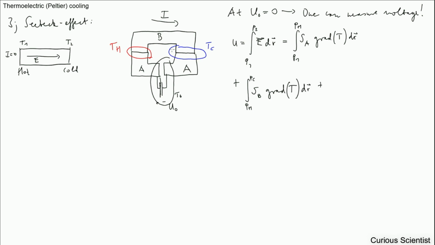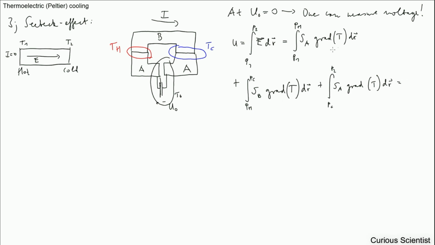So then we move from the TC to the P2, like this, and we went through the A material, like this.